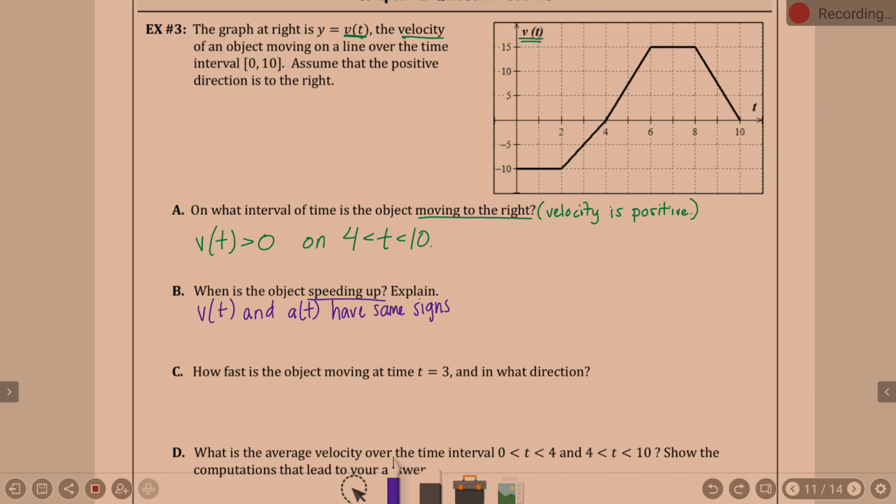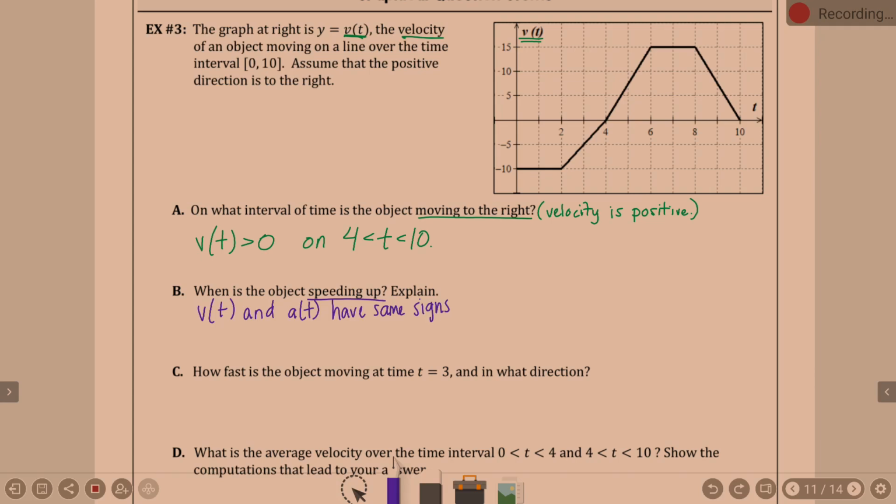Okay, sorry, I'm always writing, how do we know this? So here, what are we looking for? We're looking for same signs. Thoughts on when they have the same signs? 4 to 6.